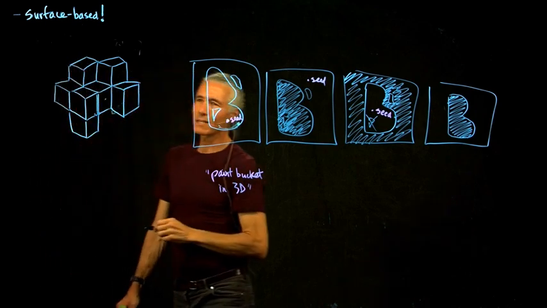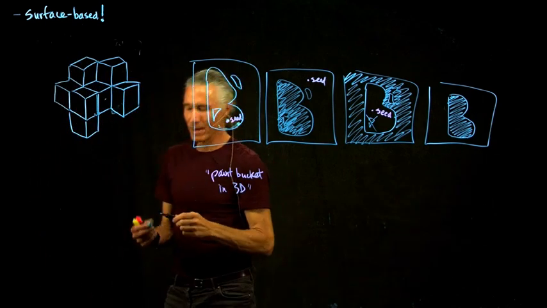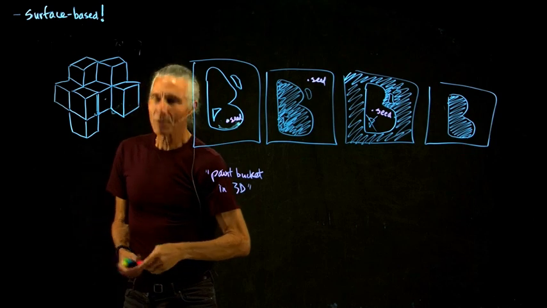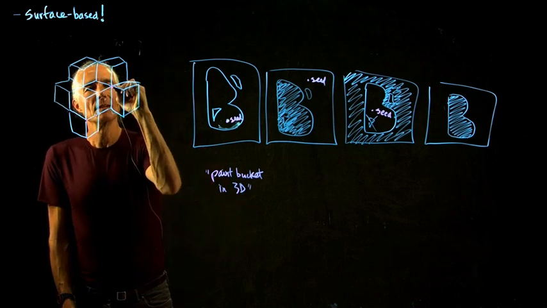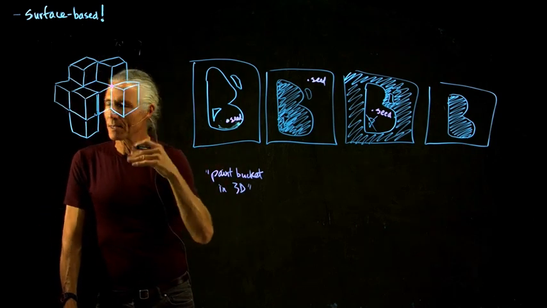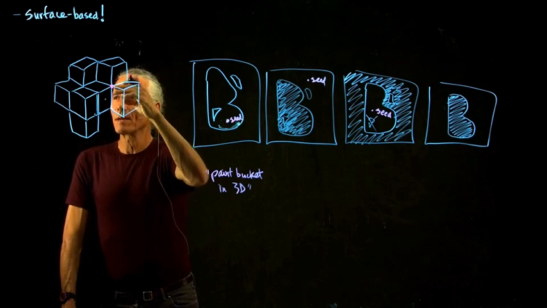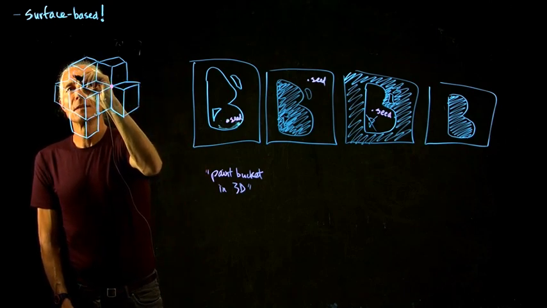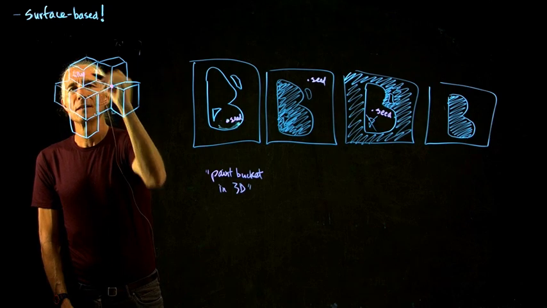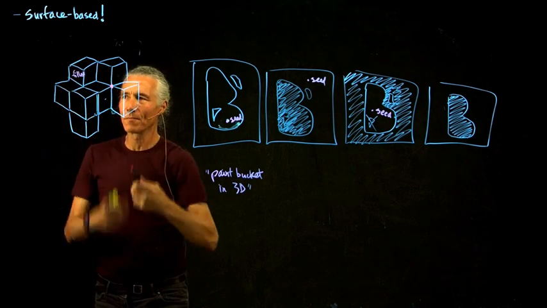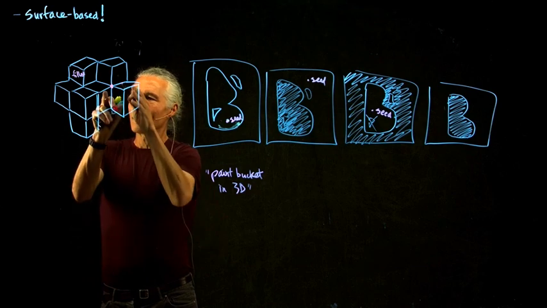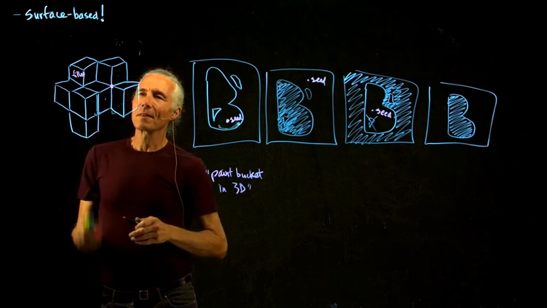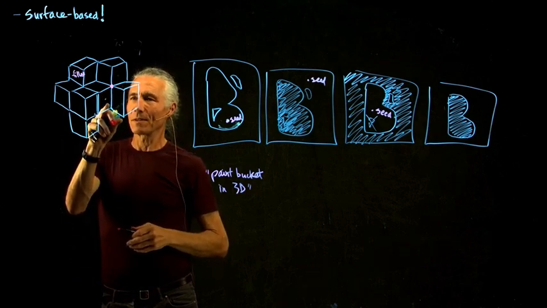Okay, so this is a connected block of voxels, and now what we want to do is figure out who the neighbors are. So we go to the boundary between a filled voxel, so these guys are filled, and then the ones in front, sorry, that goes that way, those ones are not filled.